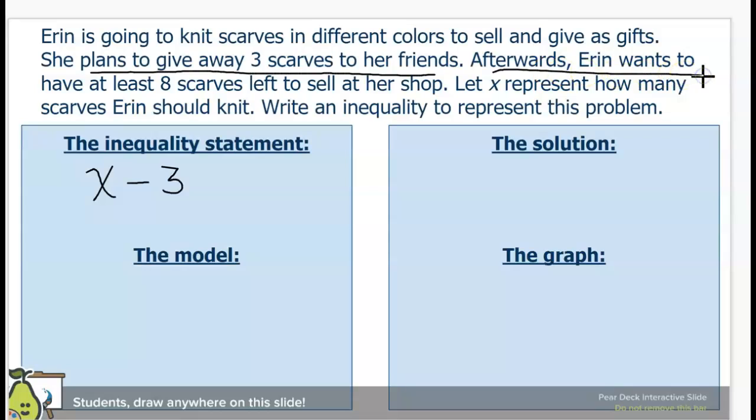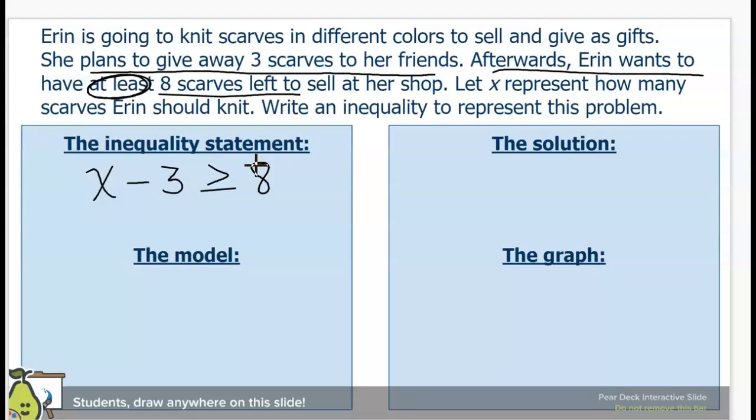Afterwards, Erin wants to have at least 8 scarves left. If you remember, at least means greater than or equal to. So she wants to have either 8 or more than 8 left, because she's going to try to sell them at her shop.